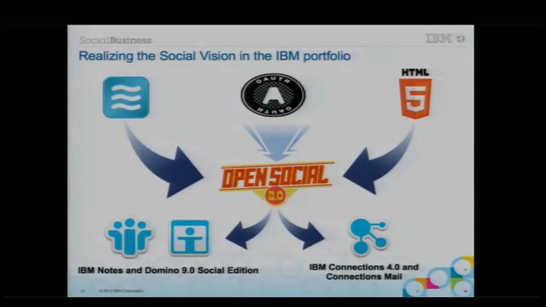And iNotes, I might mention. That's one of the areas that we went after complete parity with. So everything you see in Notes in terms of embedded experiences and embedded experience emails will also be available in iNotes, and if you hit that session, you'll be able to see that. Open Social utilizes OAuth as the security standard.